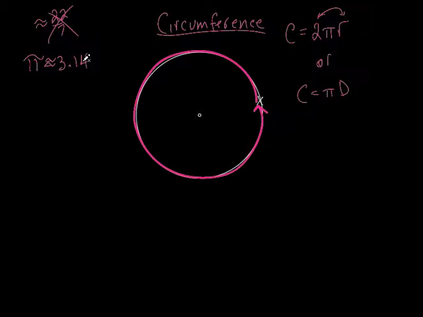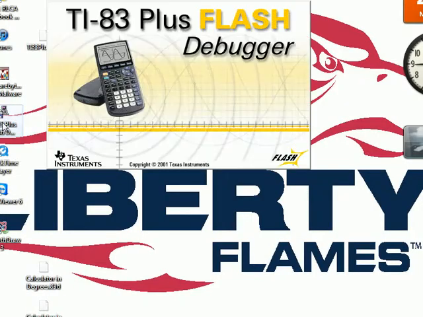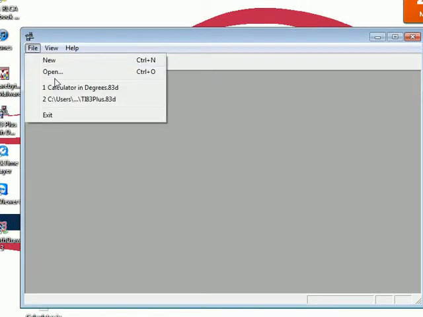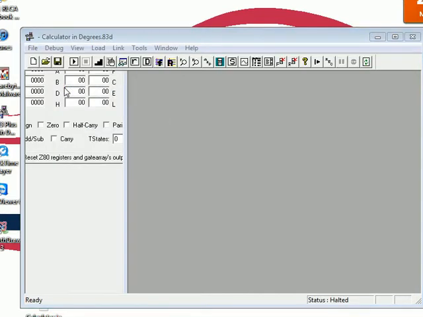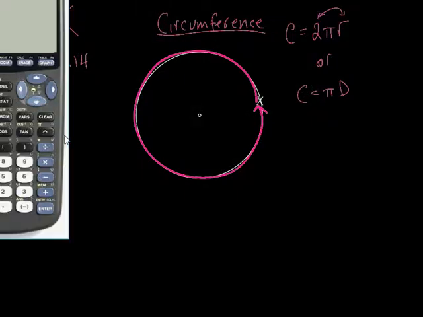We'll just use 3.14, and in fact your calculator, give me a second here to get the calculator going. I remember how I always had to change it to degrees. I actually saved it so that when I open it up, it's in degrees now.